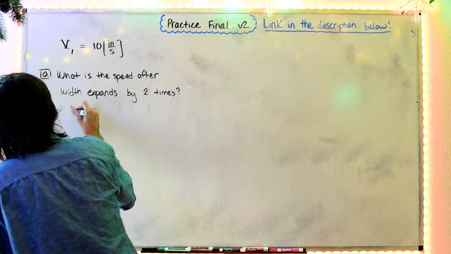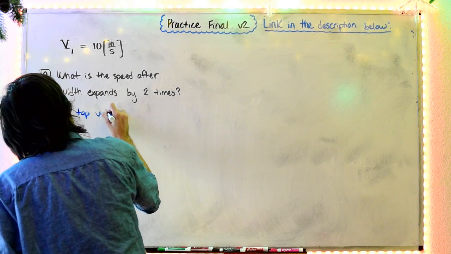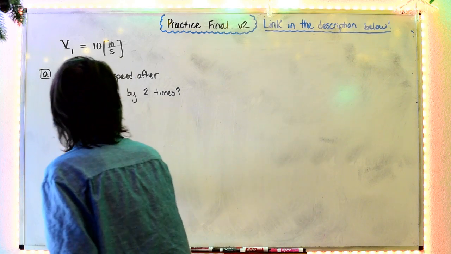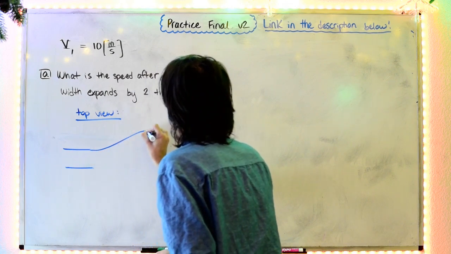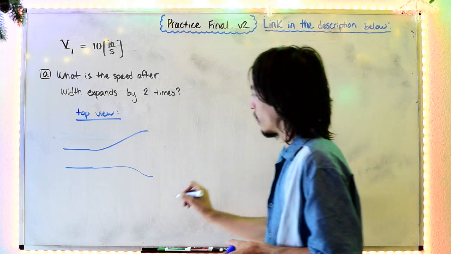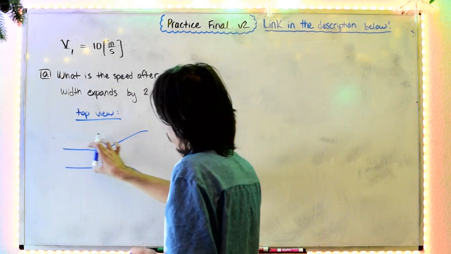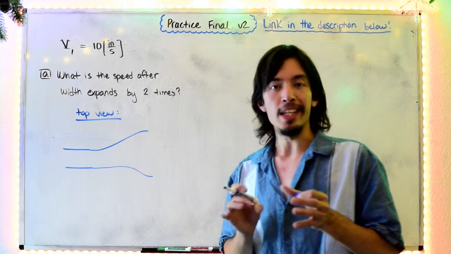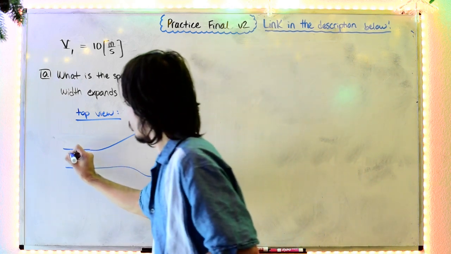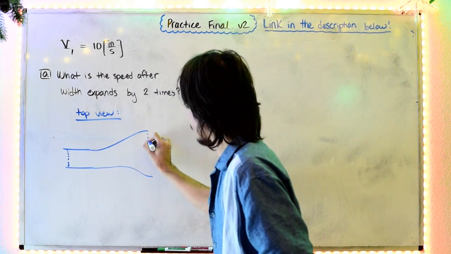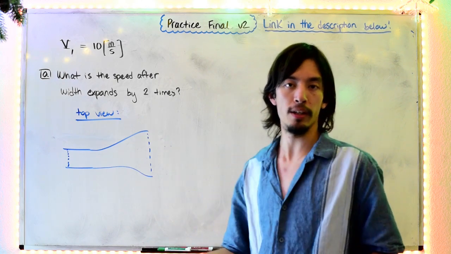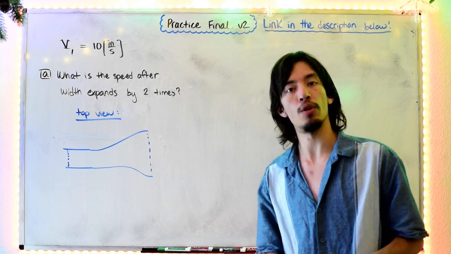If you look at this from the top view, the river starts out initially narrower, and then it widens out to 2 times its original width. Because I tell you that it's a constant depth, the cross-sectional area that the water passes through, which is what you really care about, will just go with what the width is doing. So if the width is doubling, then so will the area in our case.